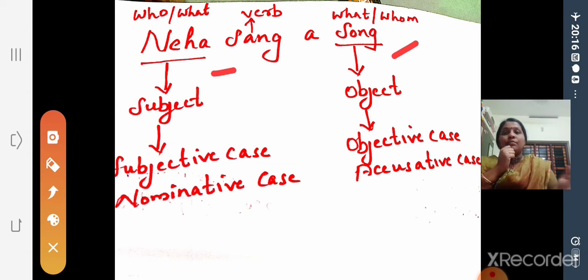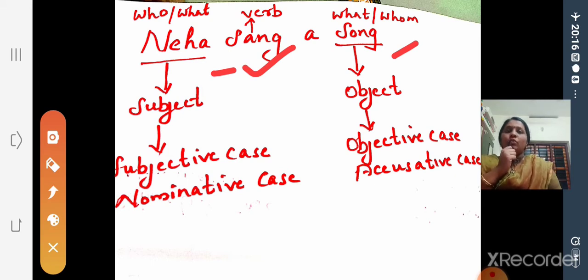Subject is placed before the verb. Here what is the verb? Sang is the verb, isn't it? So Neha is placed before the verb and song is placed after the verb. Okay, so that is the difference. So one is in the subject position and the other one is in the object position.